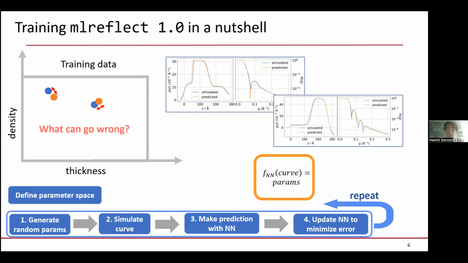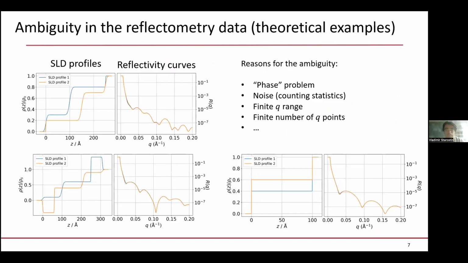But what can go wrong? And we know it actually goes wrong in this scenario, because if we increase the number of parameters, at some point machine learning stops working and gives us very bad predictions. And my argument is that what's going wrong is ambiguity, which Frank already introduced and everybody here knows, due to the phase problem.